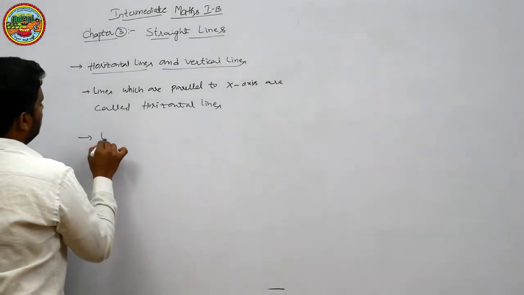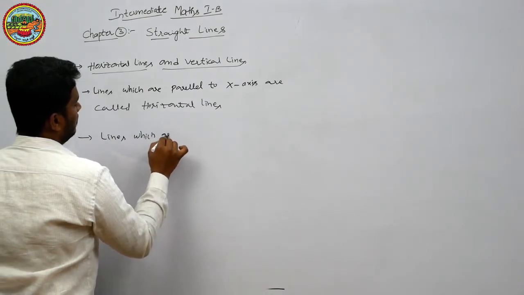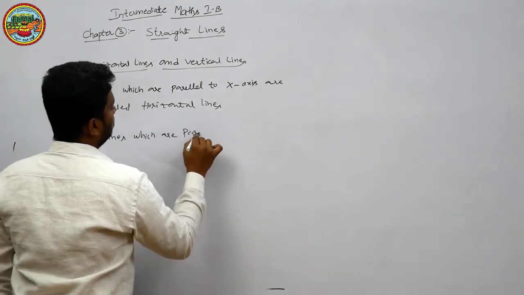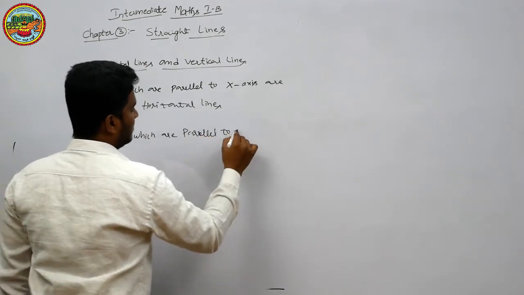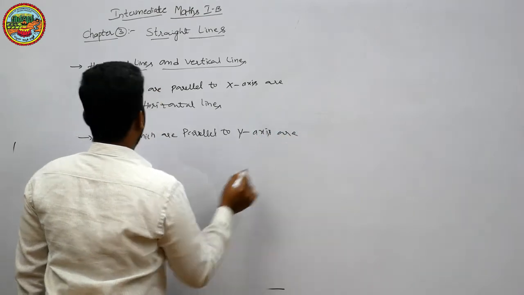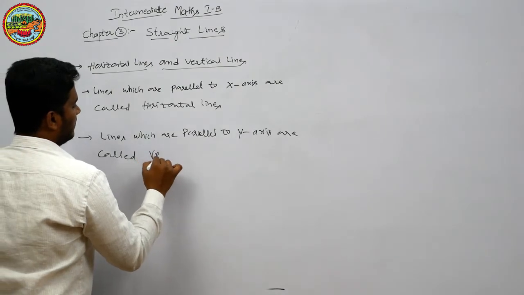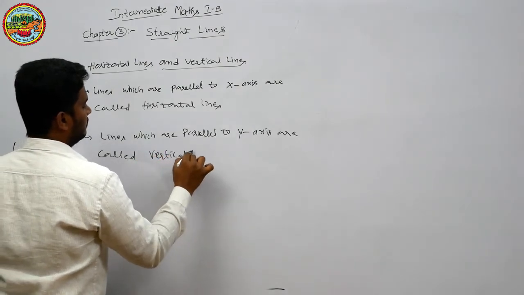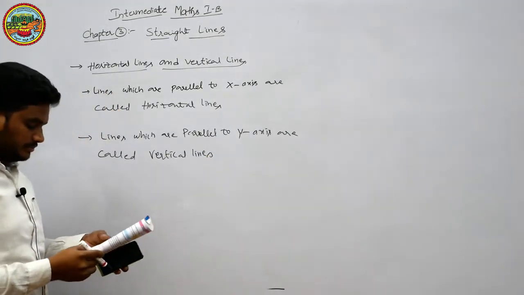Vertical lines means lines which are parallel to y-axis are called vertical lines.